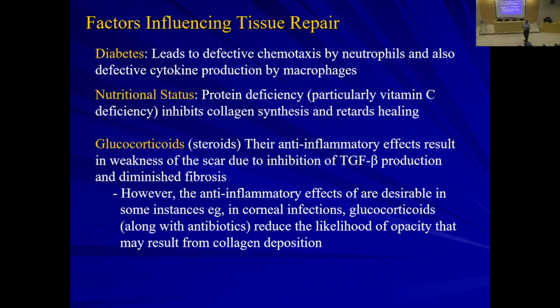If it interferes with the production of collagen, they are anti-inflammatory. So they mix the products, the drops or the ointment, whatever it is, with antibiotics. So it would kill the bacteria, but it would lessen the production of fibrosis in the cornea, and therefore you will avoid corneal opacities.